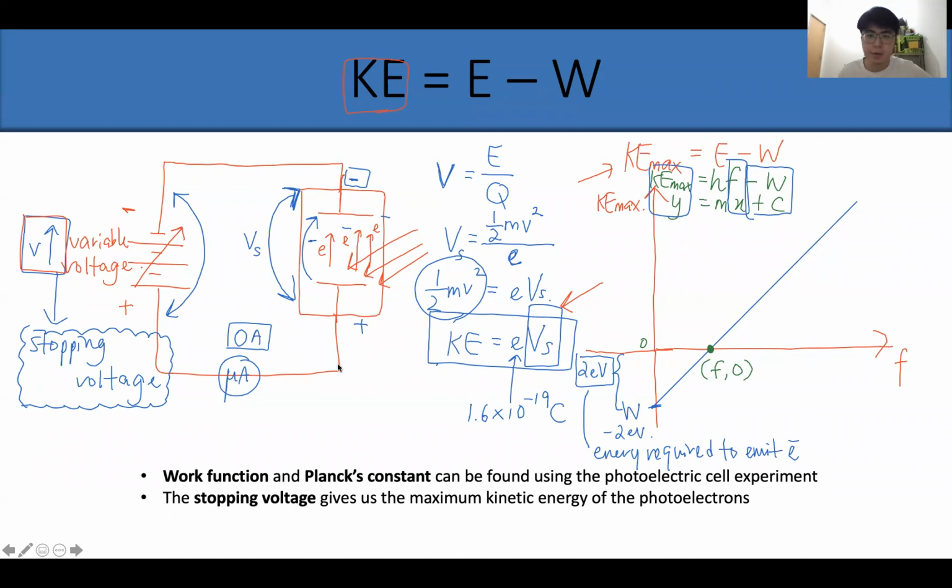That means E equals the work function, correct? Because if the energy of the wave is equal to the work function, then the electron has 0 kinetic energy. Only if it's bigger than the work function will it have extra energy, right? So at this point, the frequency where there's no kinetic energy, we call it the threshold frequency.